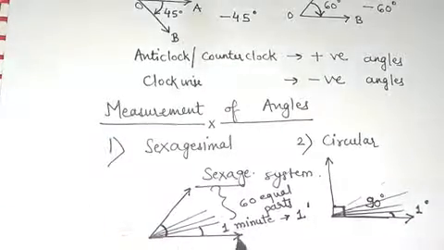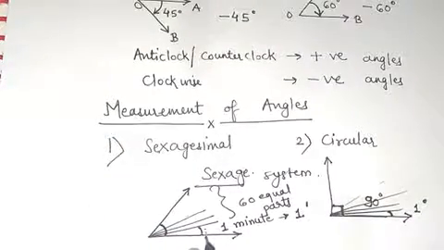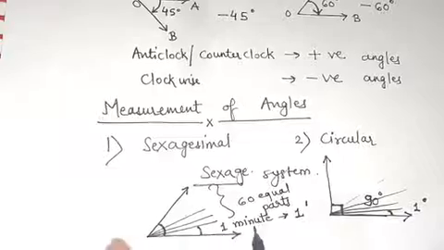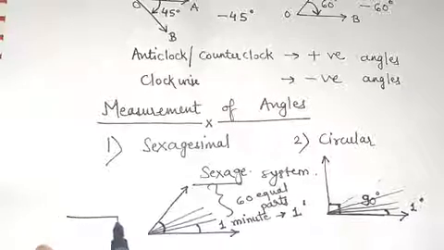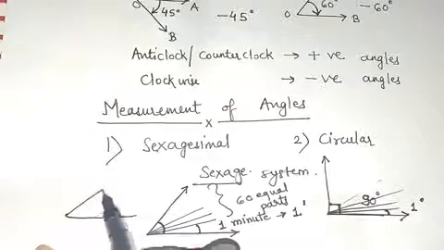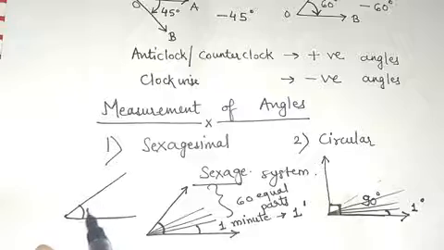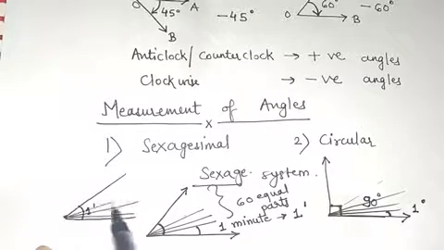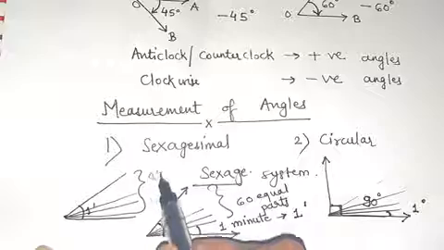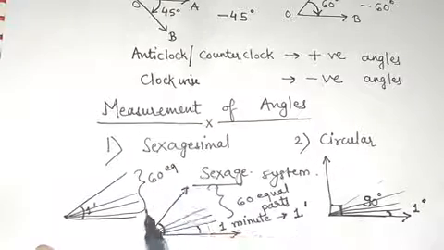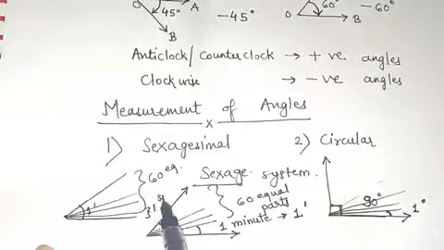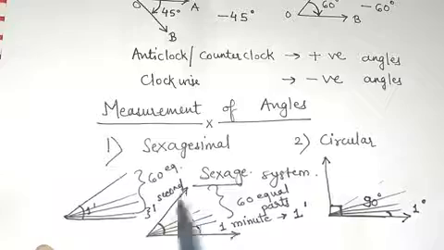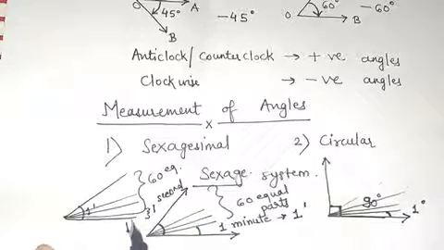Now again taking magnification of 1 minute, this 1 minute is further divided into 60 equal parts, and now each part is called 1 second. So this is denoted by 1 second.